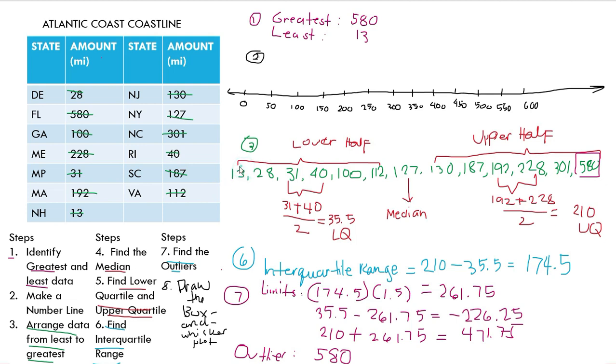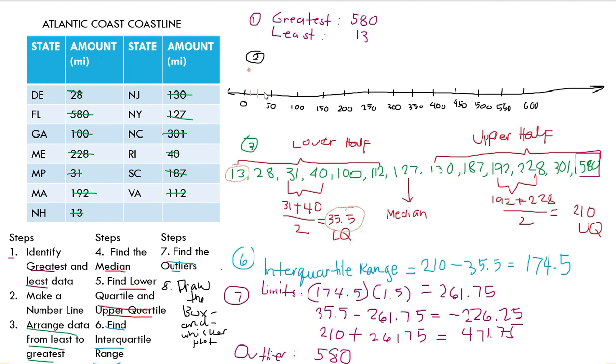Let's use this. This is our lowest value, 13. So 13 is somewhere, the half is 25, so it's somewhere here. Next, after identifying your lowest data, you check your lower quartile.